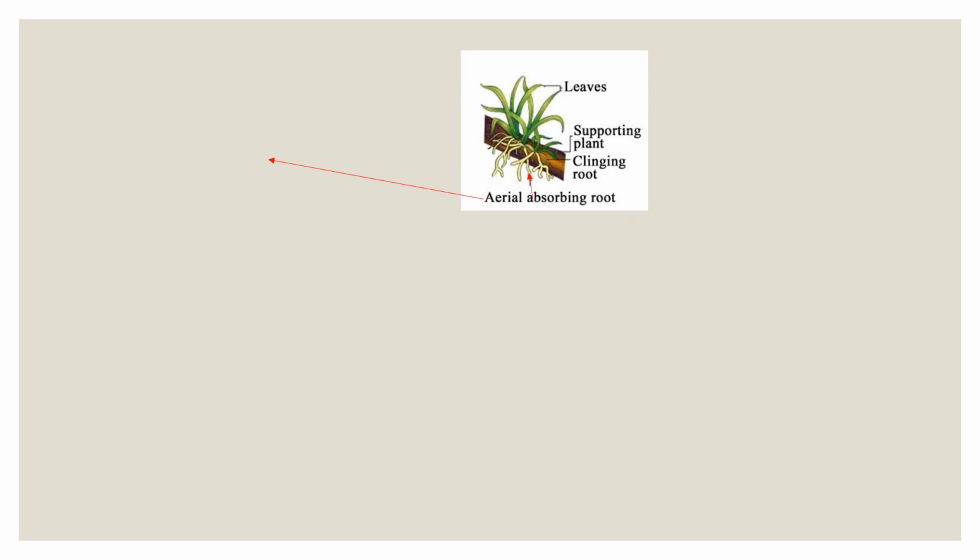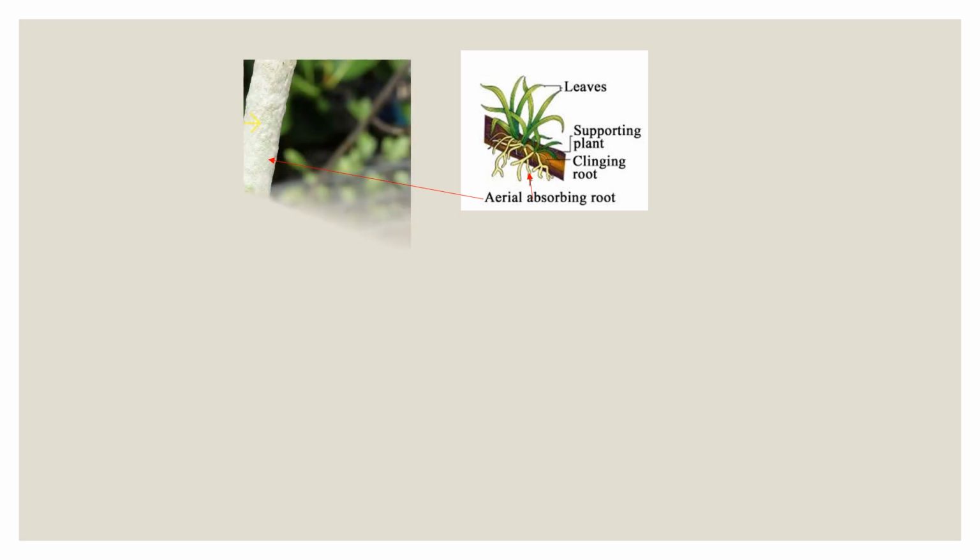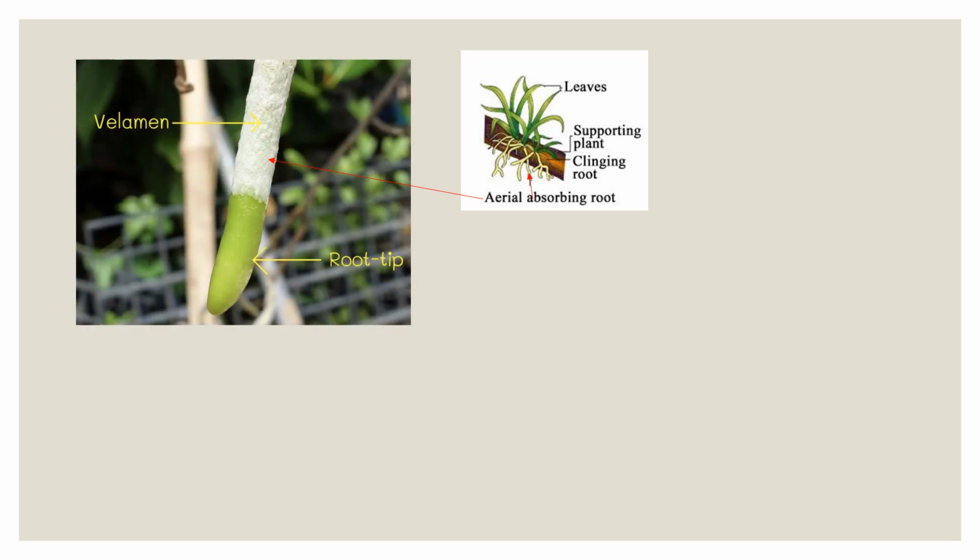Okay, this is a picture showing the aerial absorbing root, which is epiphytic roots. This picture shows you the velamen tissue. It's epiphytic roots.